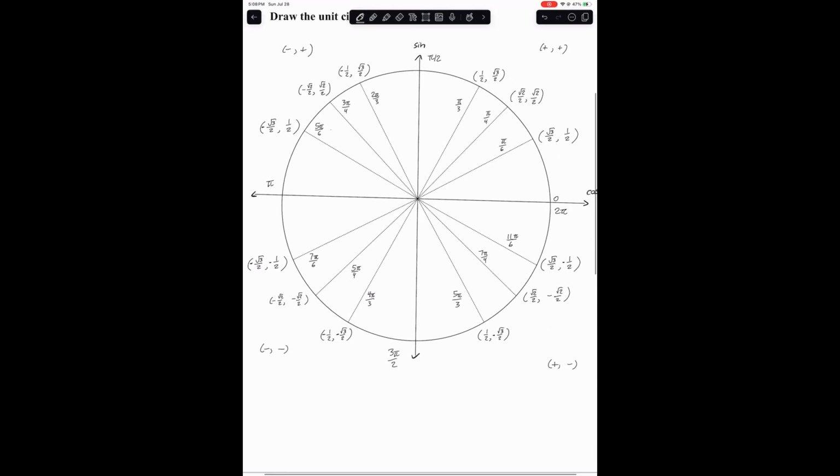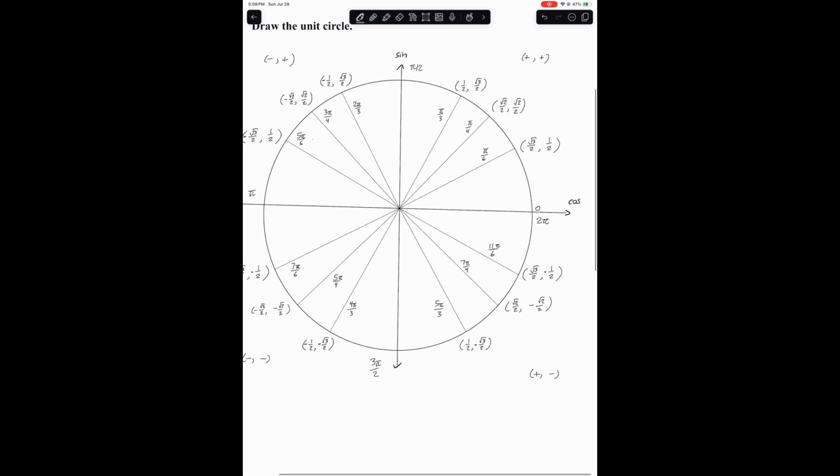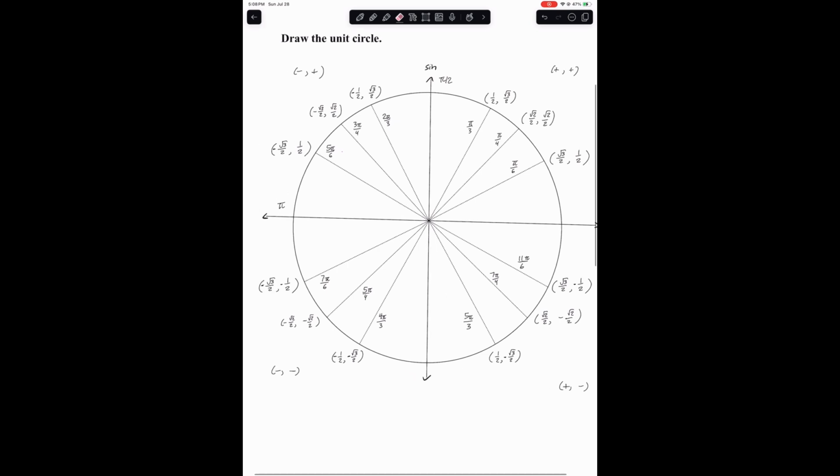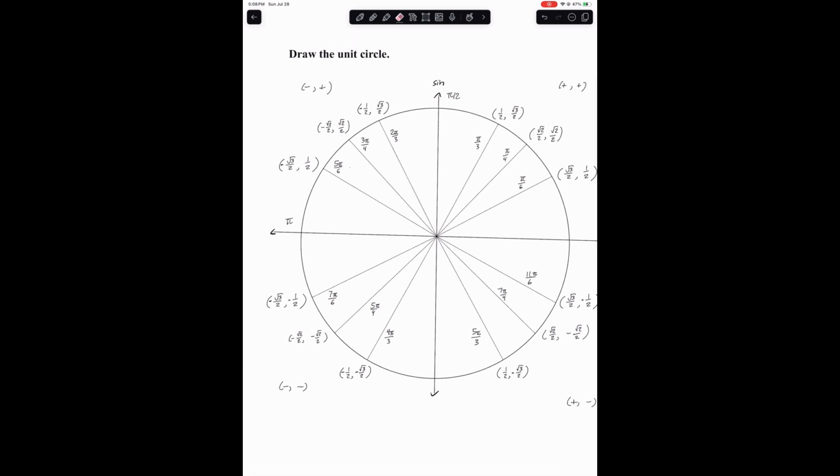And then you cannot forget about your, what do you call them? Your zeros and ones, essentially. So here, this is pi, and this is pi over 2.